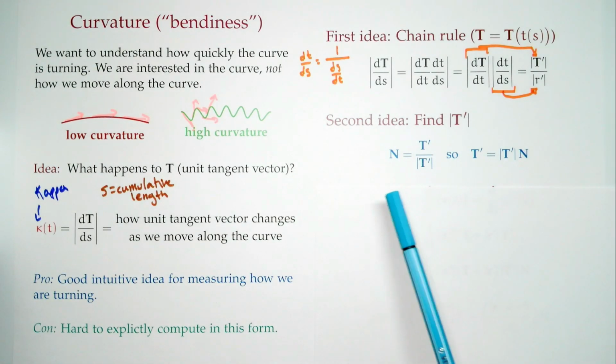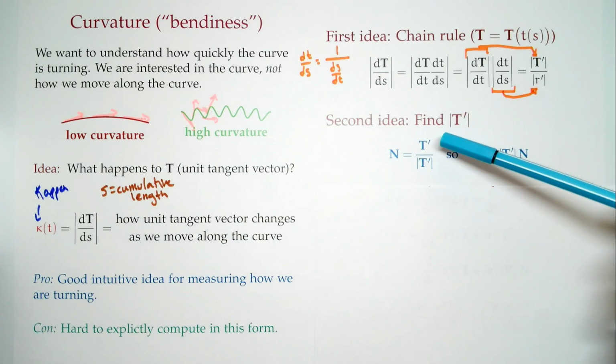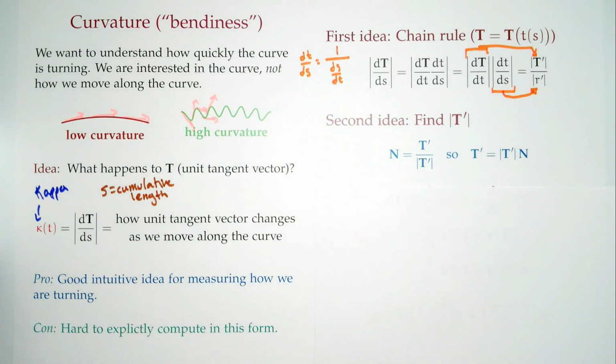So the unit normal vector is T prime over the magnitude of T prime. So I can say that T prime is the magnitude of T prime times the unit normal vector. All right. Well, hold on. There's more.